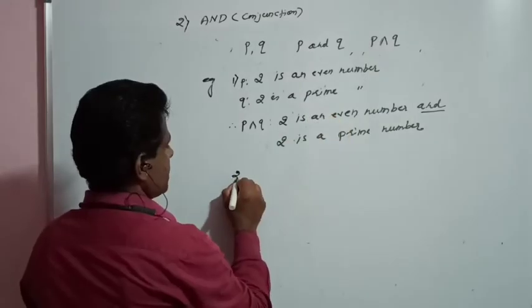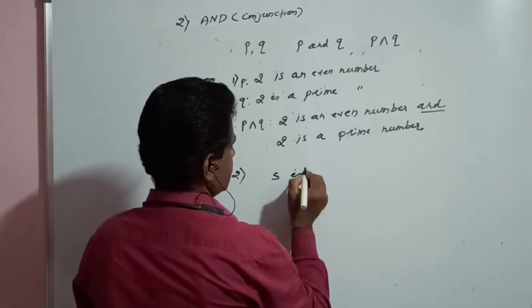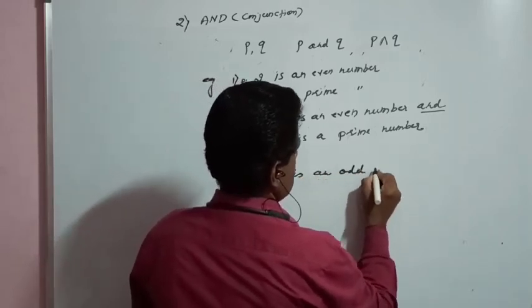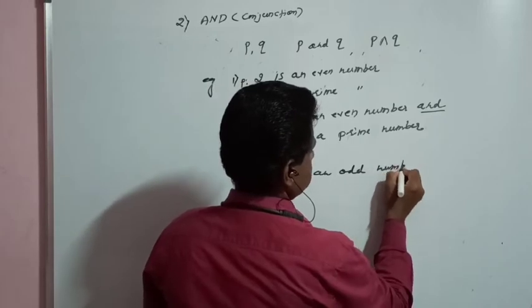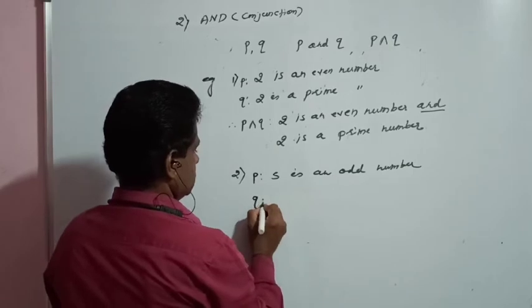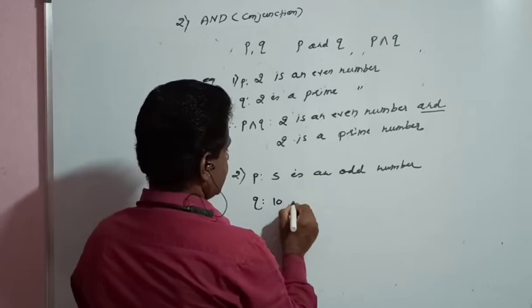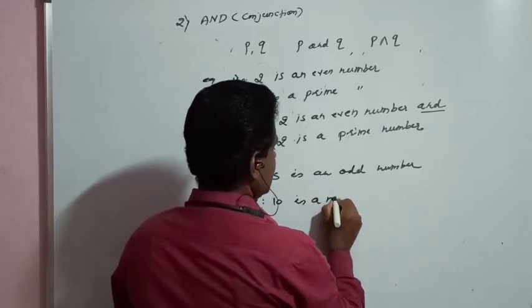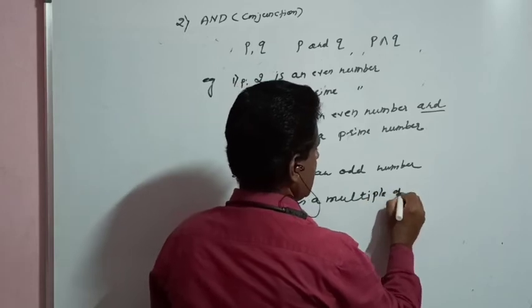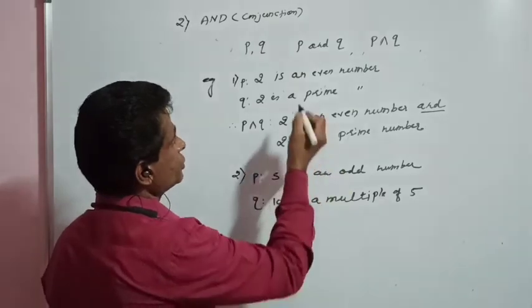Take one more example. P: 5 is an odd number. Q: 10 is a multiple of 5. Then let us combine these two statements by using the connective AND.